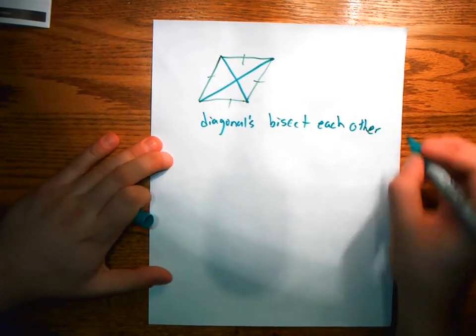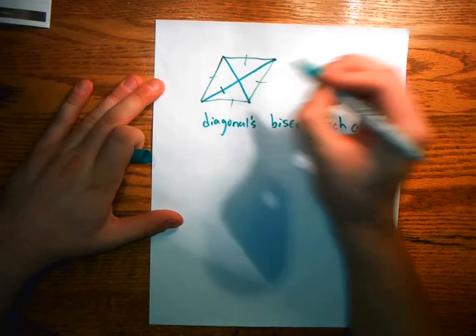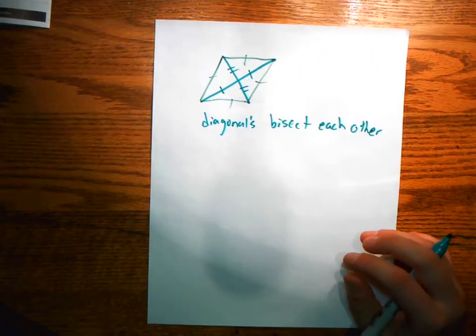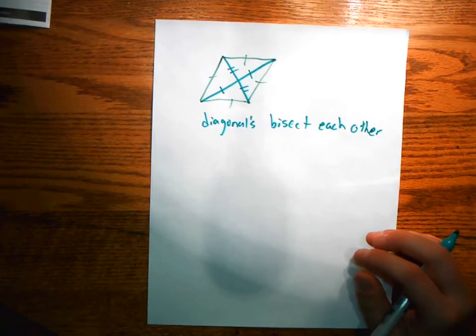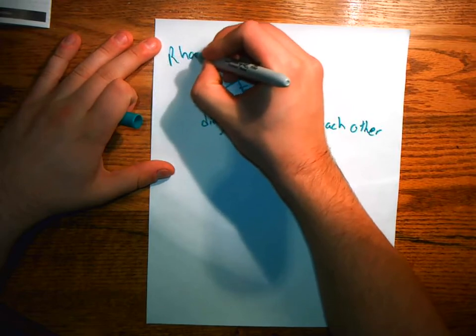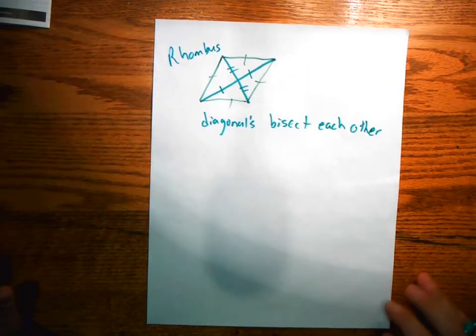So that's still just like with a parallelogram, that the diagonals cut each other in half, because since a rhombus is a parallelogram, it's following the exact same criteria.